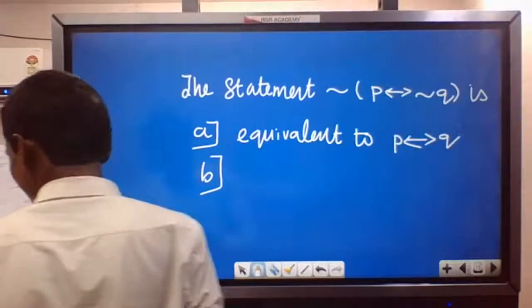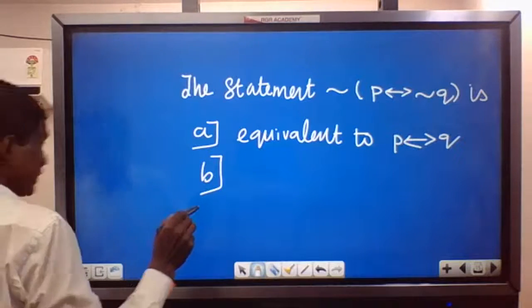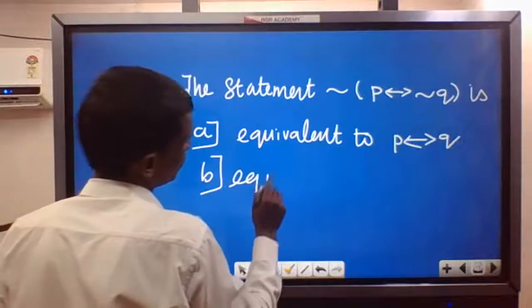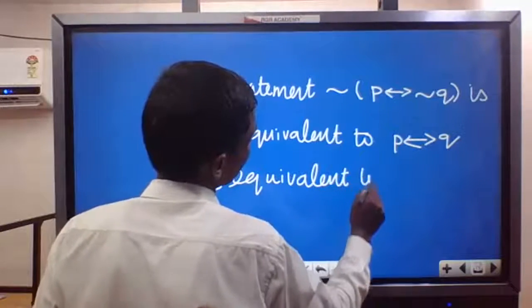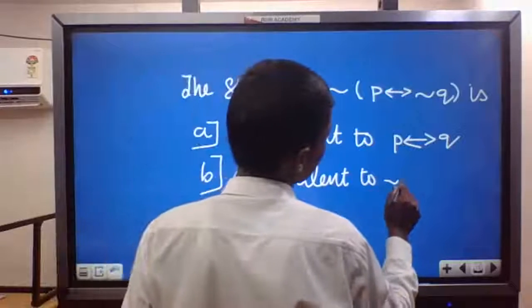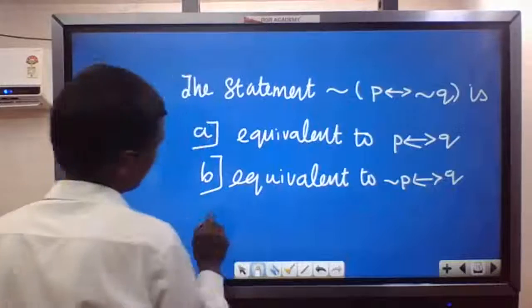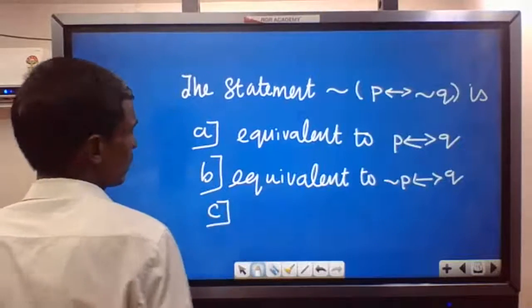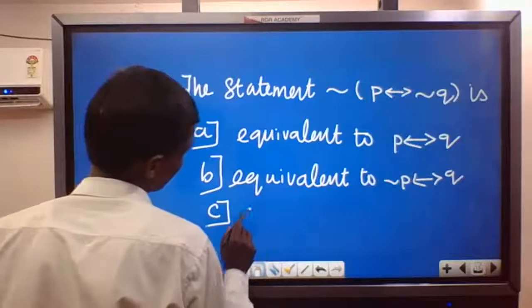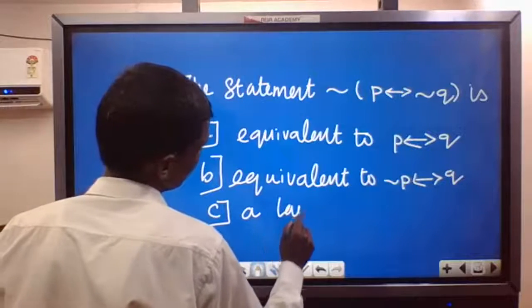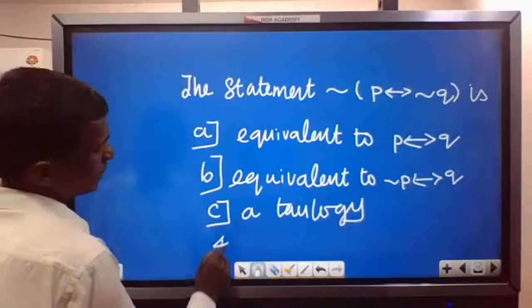In second one, equivalent to. In third one, in fourth one.